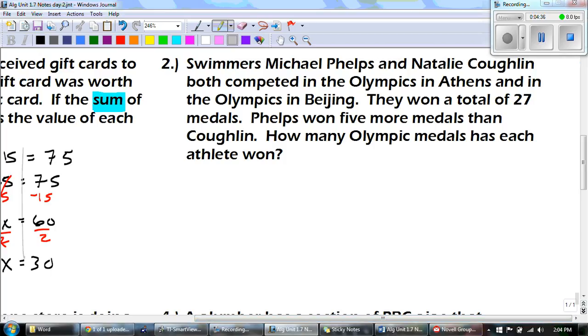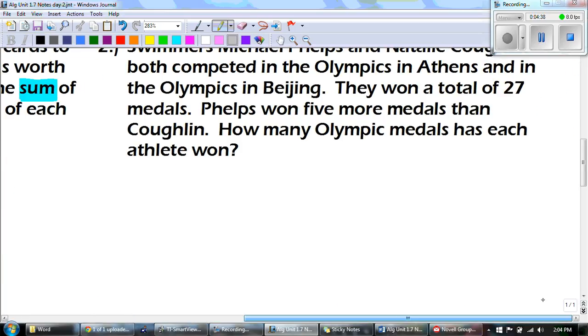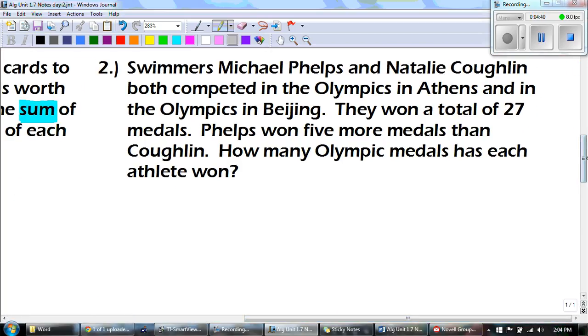All right, number 2. Swimmers Michael Phelps and Natalie Coughlin both competed in the Olympics in Athens and in the Olympics in Beijing. They won a total of 27 medals. Phelps won 5 more medals than Coughlin. How many has each athlete won?